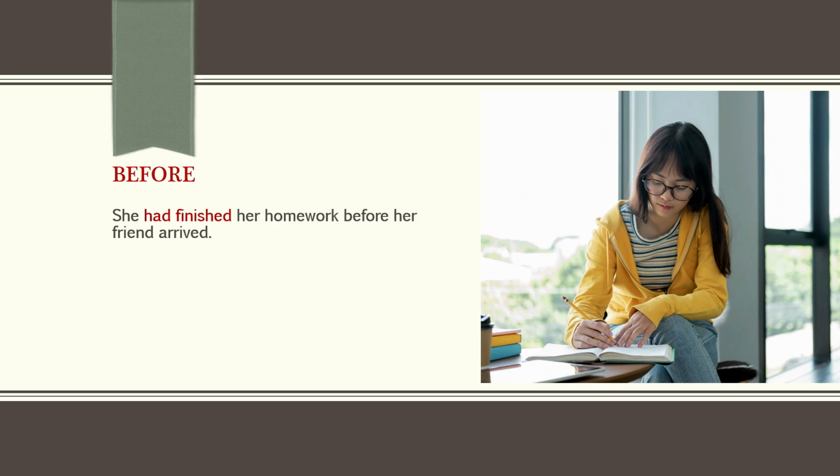Now let's see an example with by. She had finished her report by 5 p.m. She had finished her report. This happened first, completed before 5 p.m. By 5 p.m., this indicates the deadline or later point in time.